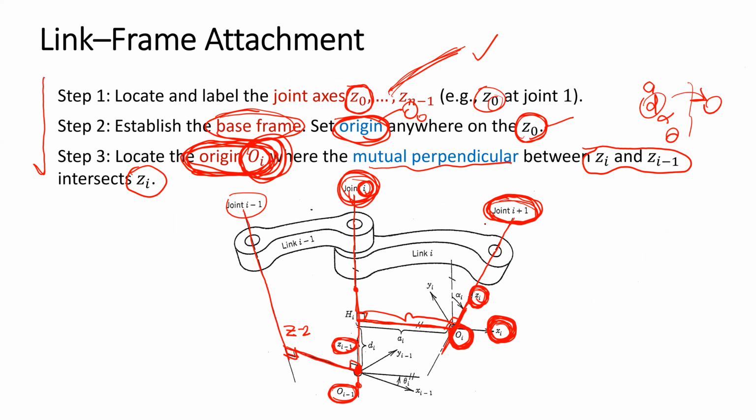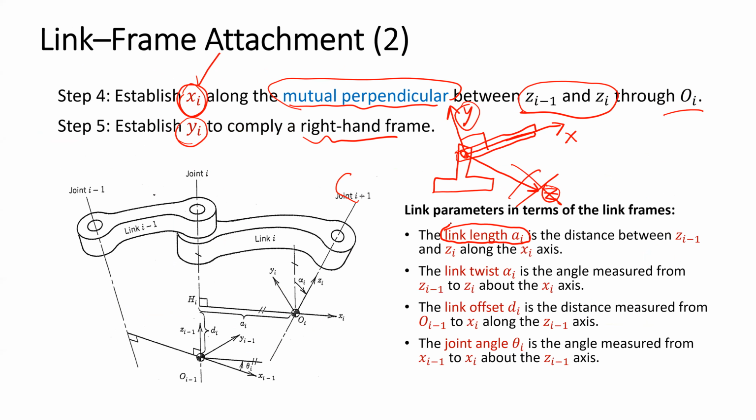The link length, we know that the link length is the distance of the mutual perpendicular.